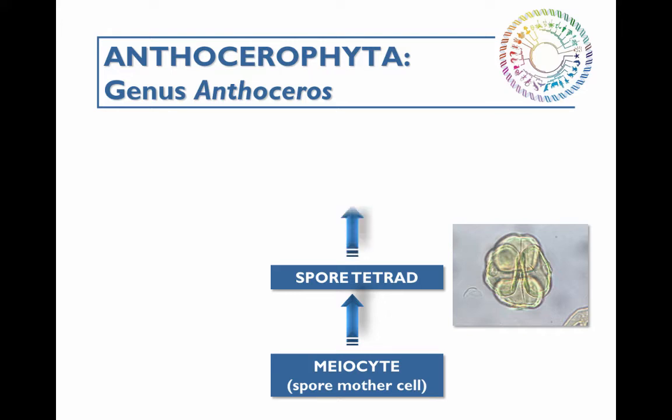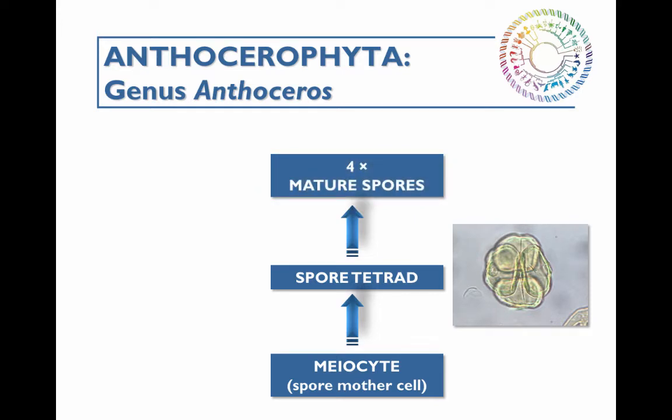And further up in the sporangium, we have the mature spores. They separate from their tetrad and become 4 independent spores. Of course, within this sporangium, there are many hundreds of sporocytes, so there are even more spore tetrads and more spores.